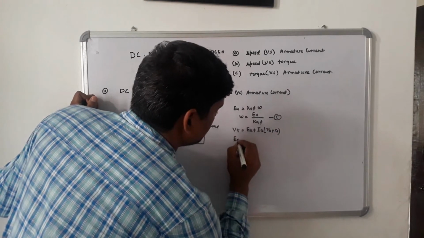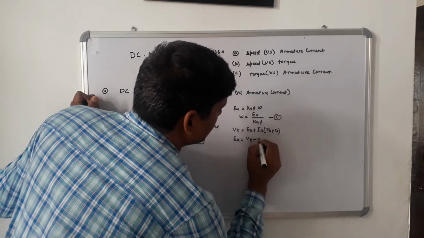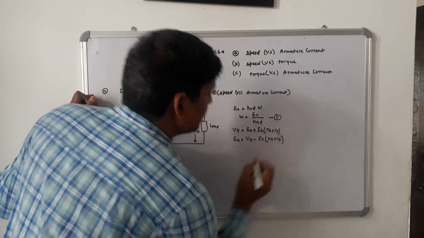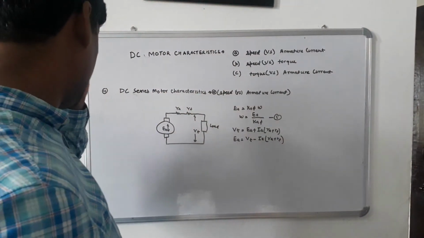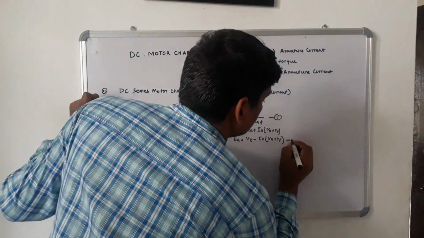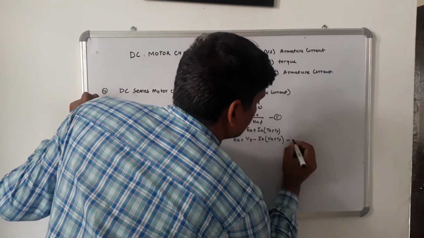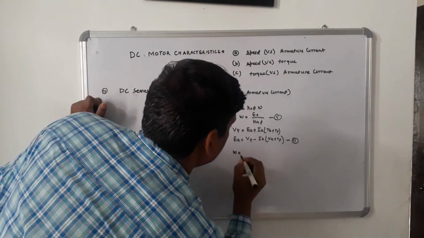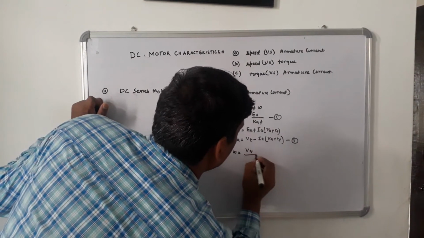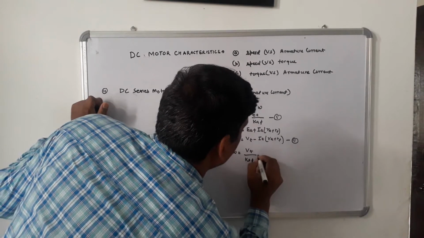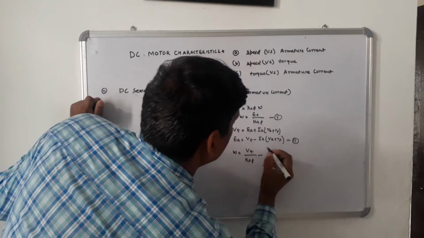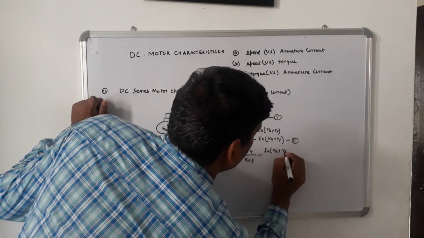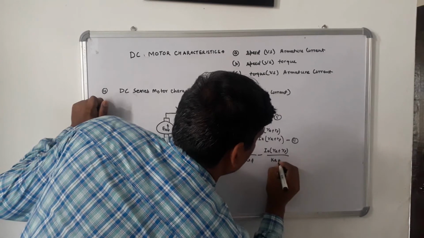Then EA is equal to VT minus IA (RA plus RF). From equations 1 and 2, we get omega is equal to VT divided by Ka phi minus IA (RA plus RF) divided by Ka phi.